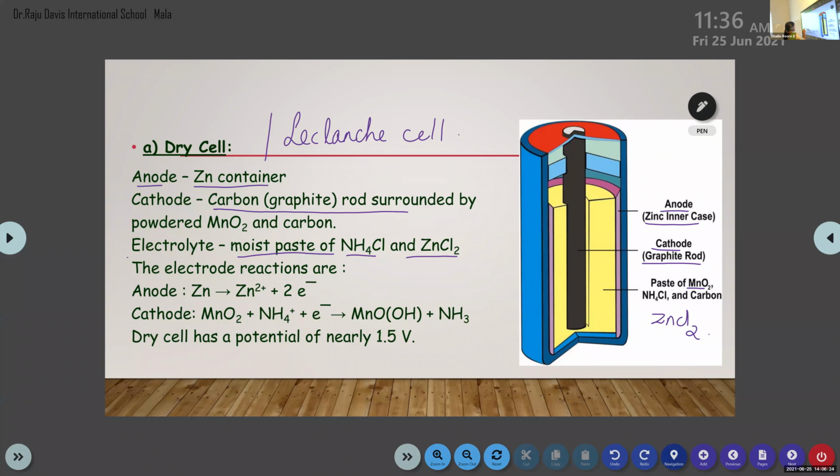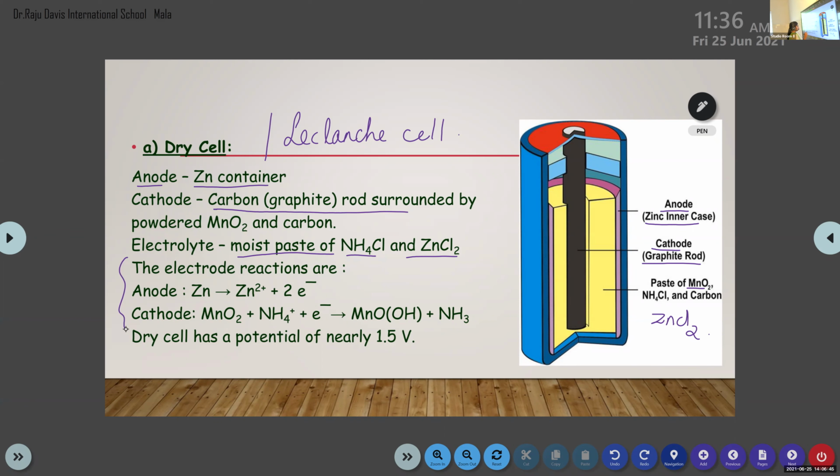Then the electrode reactions take place at both anode and cathode. At the anode, zinc is oxidized to Zn2+ plus 2 electrons.